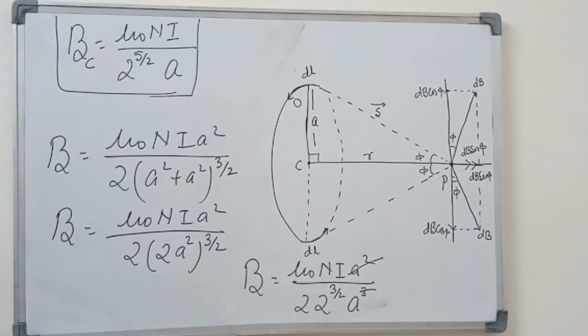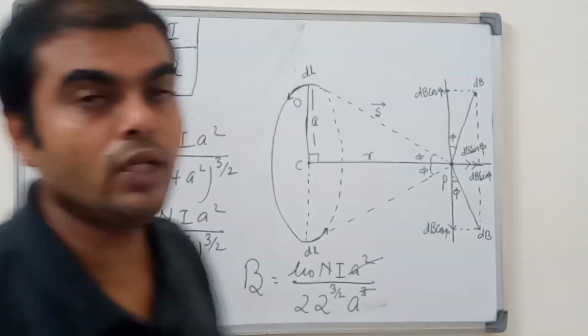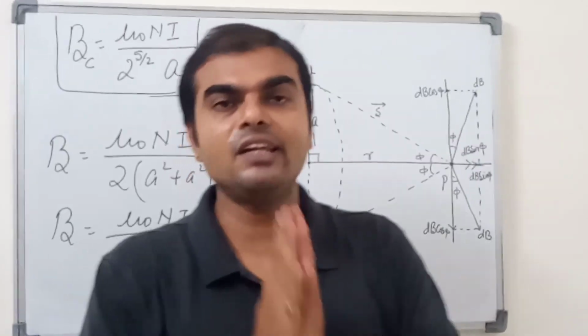So write down these values. Okay, all students, the magnetic field of the circular current loop is completely finished.